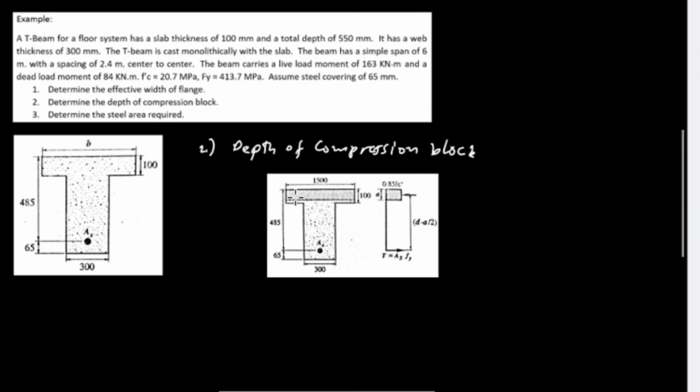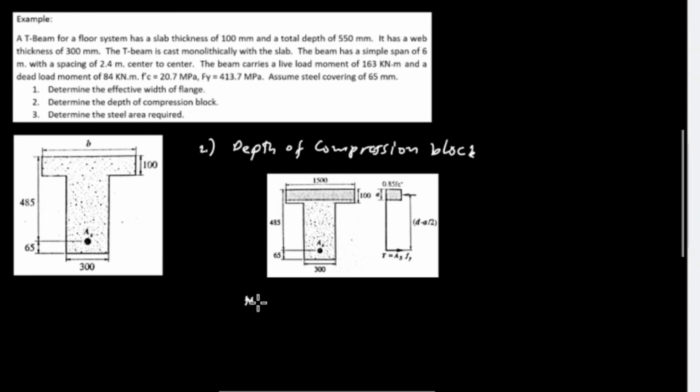We assume that the neutral axis is above or within the thickness of the slab, 0.85 fc prime. And for the tension, that's AsFy. And from the center of the steel reinforcement up to the centroid of the compression area, that's d minus a over 2. So let's find first the ultimate moment.